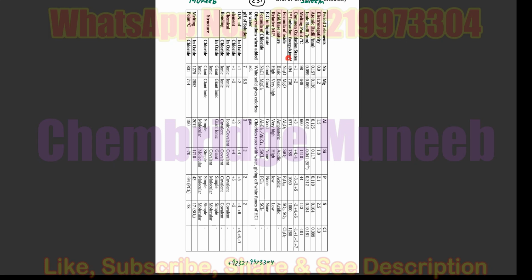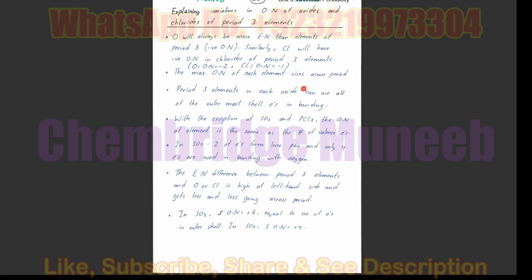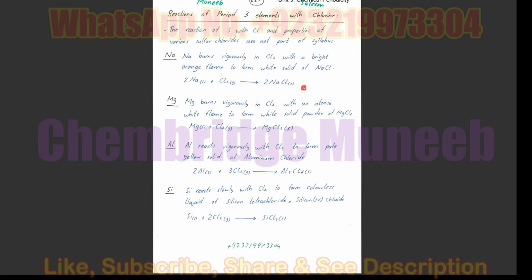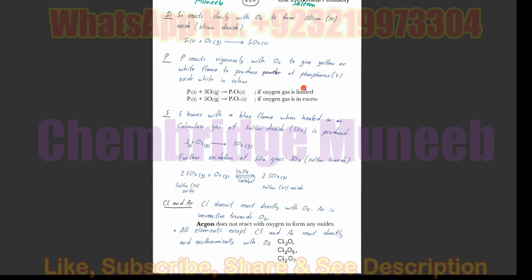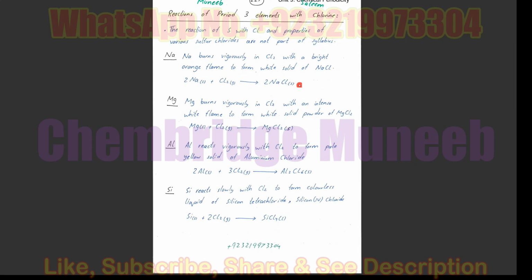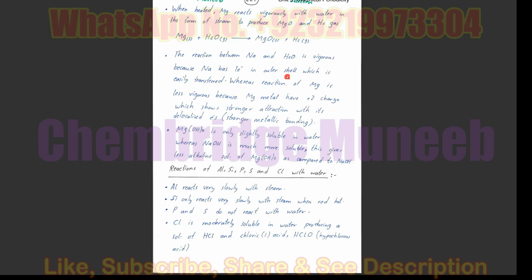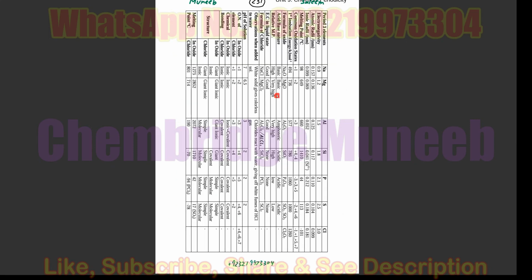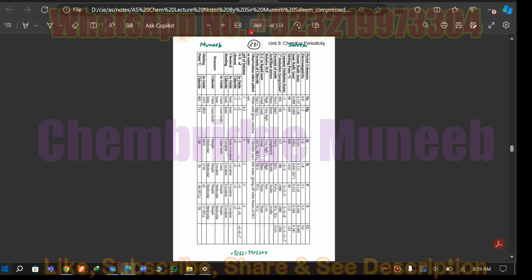Okay, so this is a page from my notes of AS chemistry. As I have previously mentioned, I have written the notes of whole AS chemistry, and if anyone of you is interested, he or she can ask for these notes. Here I have compiled all the properties of the period 3 elements.